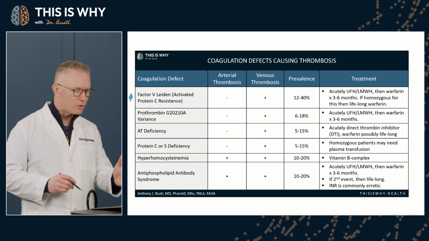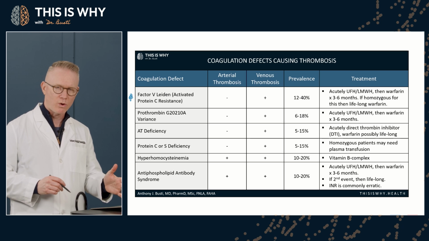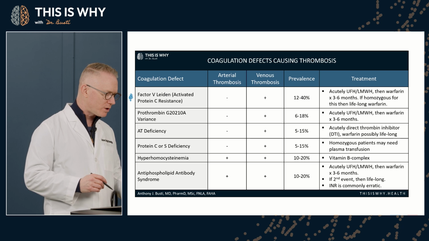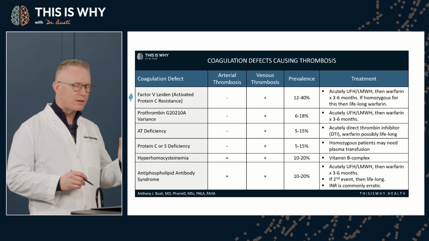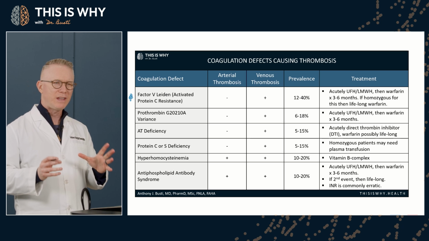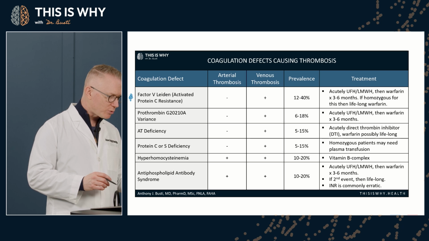They're not the absolute end-all be-all, but a generalization of the approach is why I put this together for you. So you can see that all of these, for the most part, encourage venous thrombus formation in varying degrees.